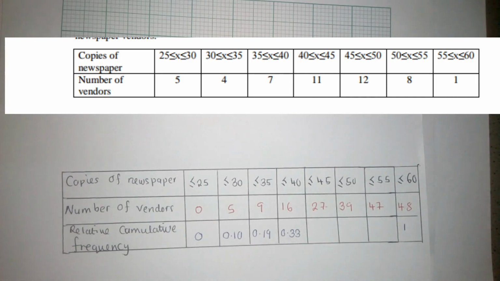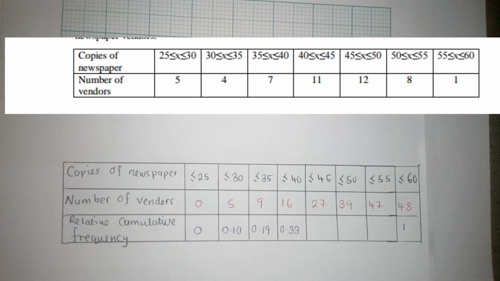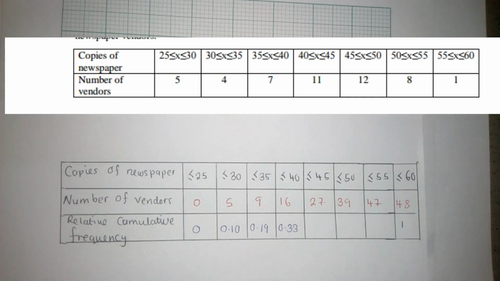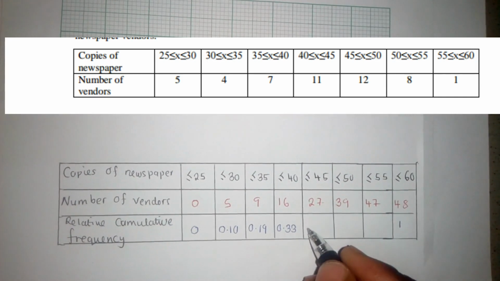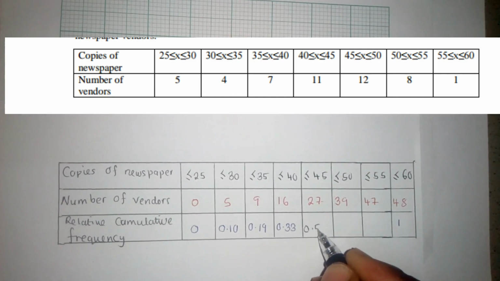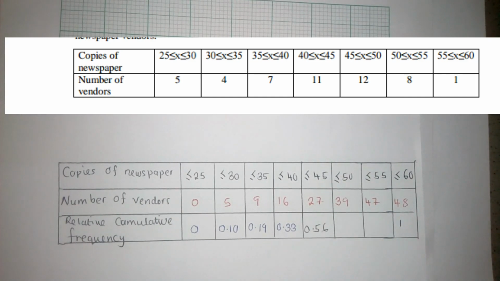For the missing numbers, I'll try to use black. So you say 27 divided by 48. You get 0.56. We go to the next number, which is 39 divided by 48.